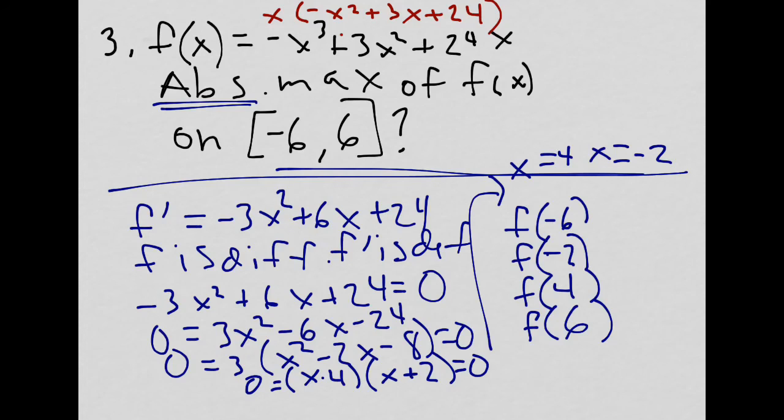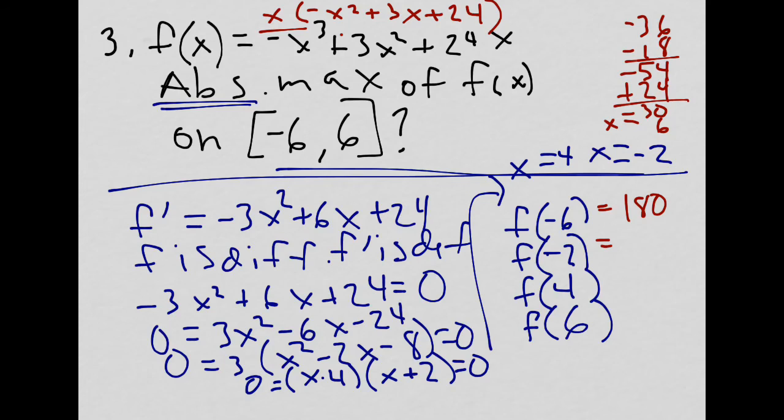And -6 times 3 is a -18, and a -36 is going to be a -54. But I'm adding 24, so I'm getting -30. But I'm also multiplying it by the -6. So a negative times negative is positive, and 30 times 6 is 180.